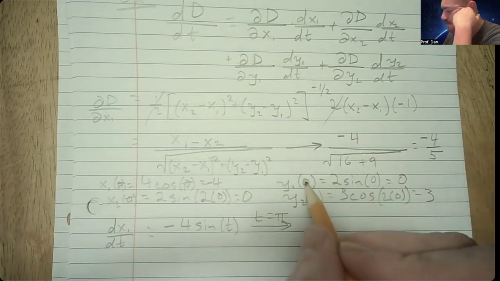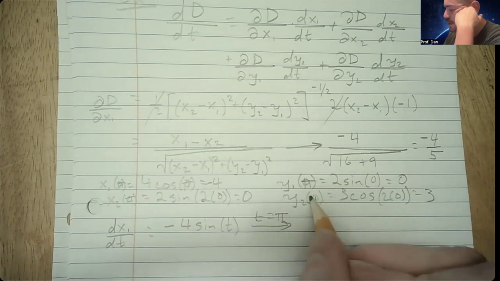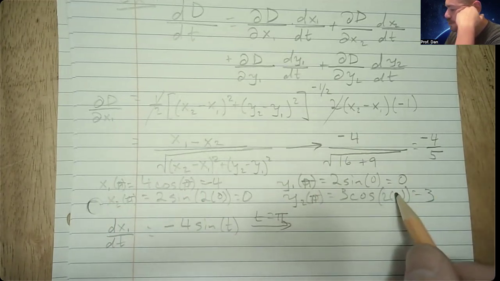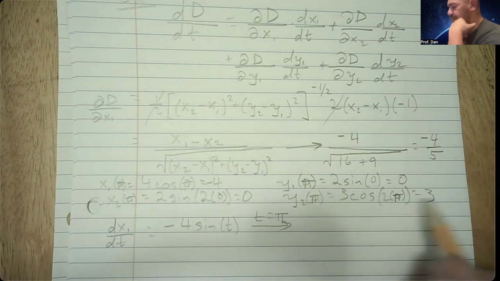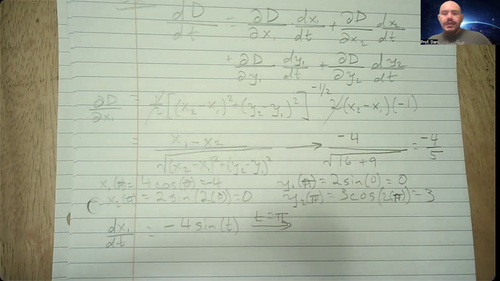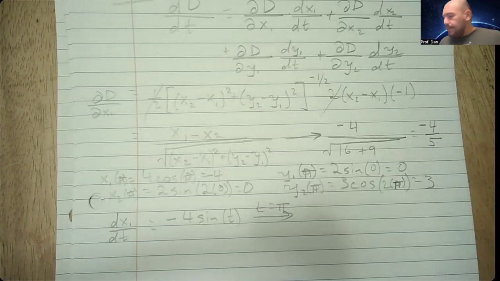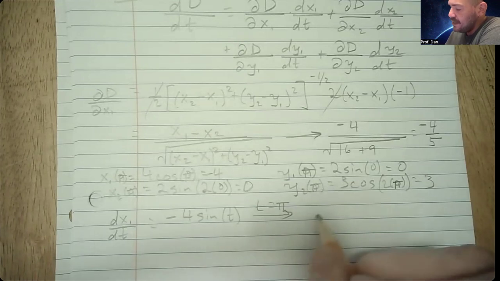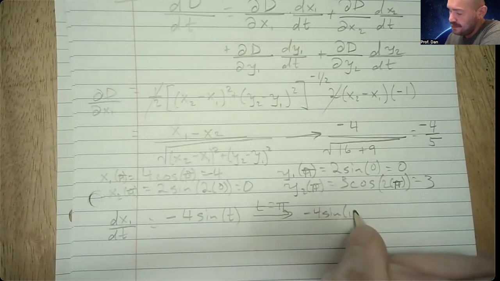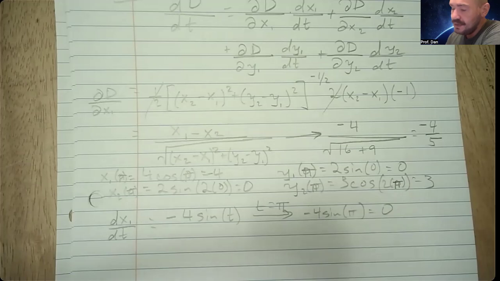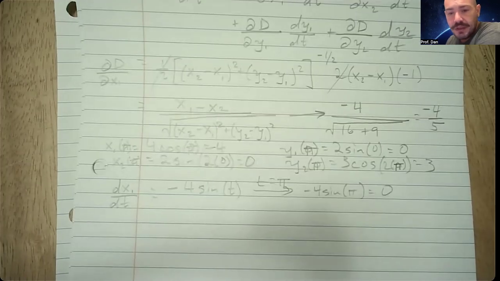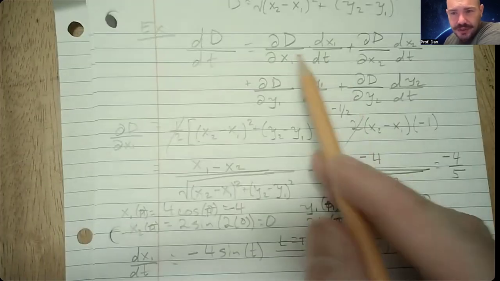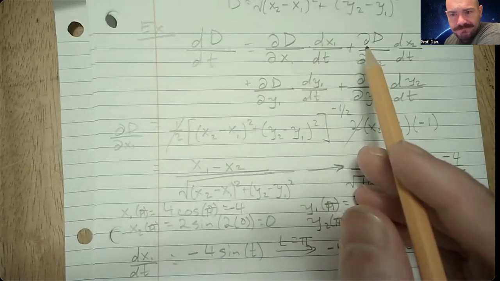There we go. So that's a pi, that's a pi. Since that's doubled, that stays positive. Okay. So anyway, when t is equal to pi, this ends up having a value of -4 sine pi, which is 0. So that whole first term will literally be 0.